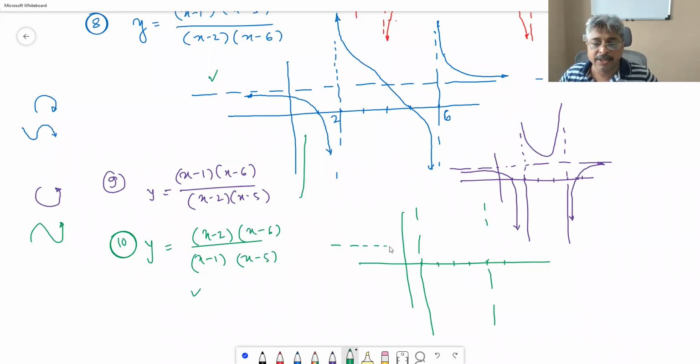Again, asymptote at x is equal to 1, and therefore it is going to be like this. Asymptotic, asymptotic. You can find out where it is going to intersect. Between 1 and 2, it will intersect at 2.